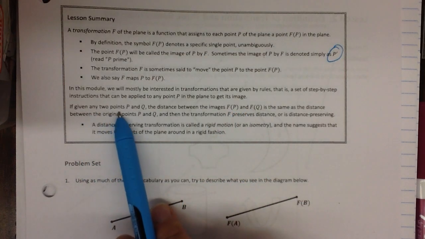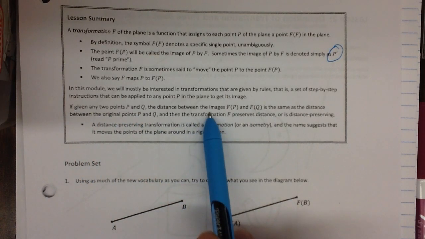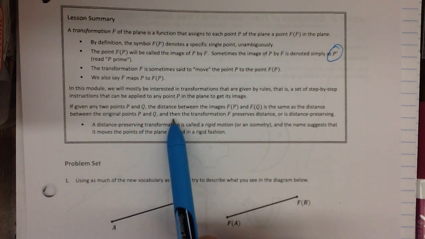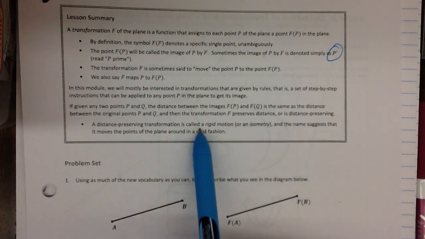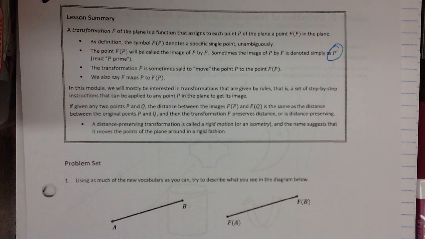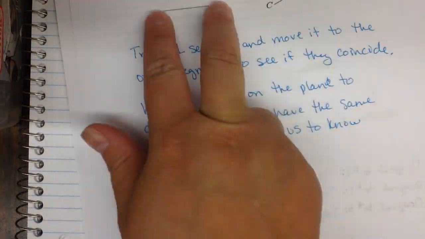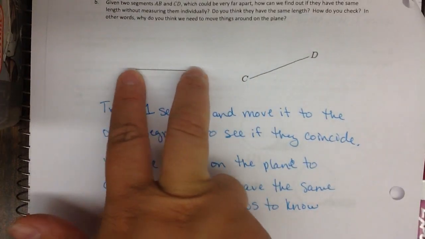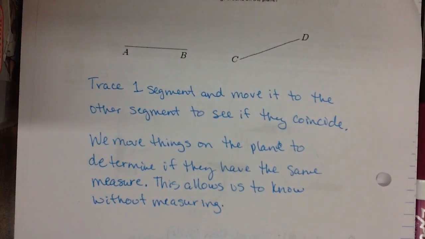If given any 2 points P and Q, the distance between the images is the same distance between the original, and then the transformation F preserves distance or is distance preserving. It's just a rigid motion. Okay, so all we're doing is moving things in a rigid motion. We use this length and quote unquote move it to see if it's the same length as this one.